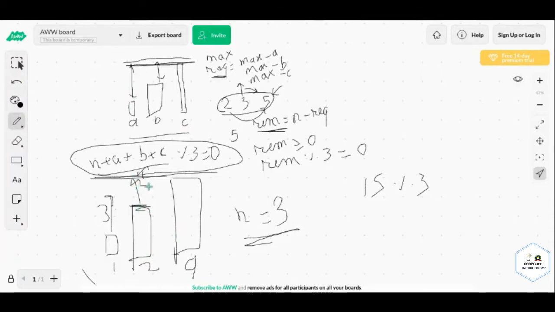So we require 7 here, and here we require 8. So we require at least 15 coins to make A, B, and C equal. After that, some remaining coins will be there, and we have to check whether we can distribute them between them equally or not. Got it? Any confusion?